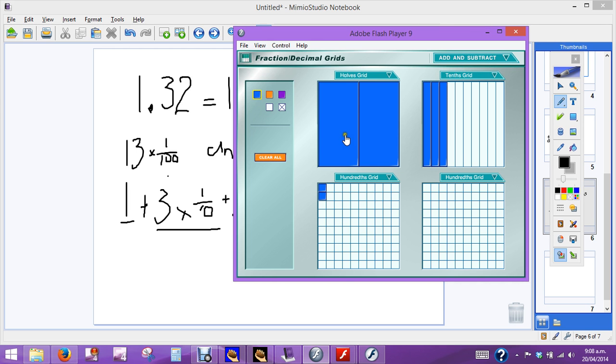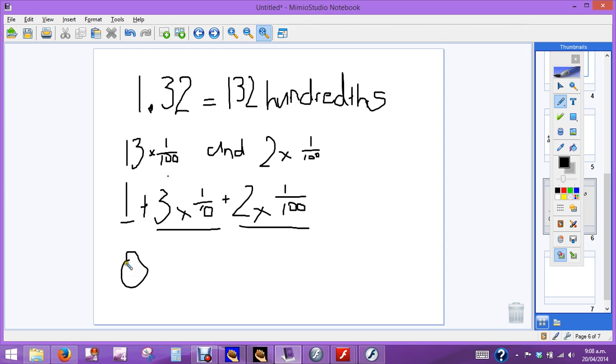What if I had 0.27? I think I can write that as 27 hundredths.